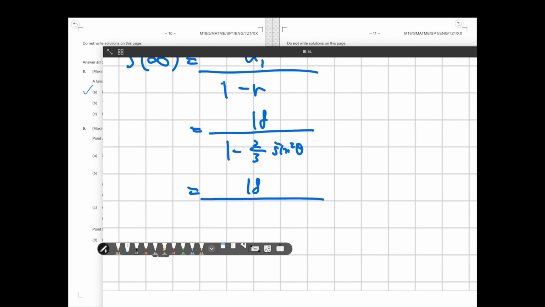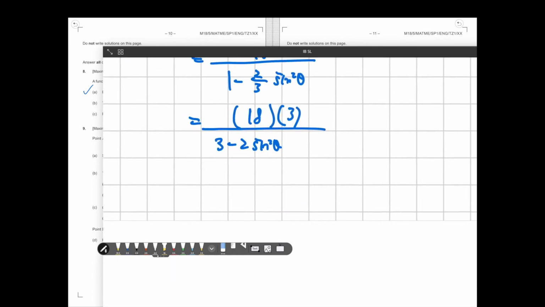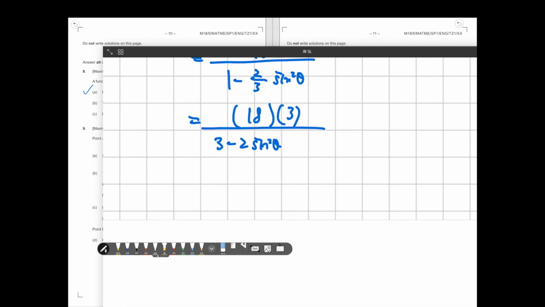So that is just 3 minus 2 sine square theta over 3, right? So dividing by a fraction over 3 means just times 3 over the fraction.